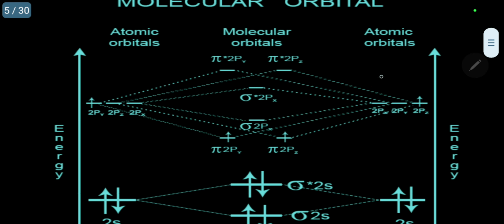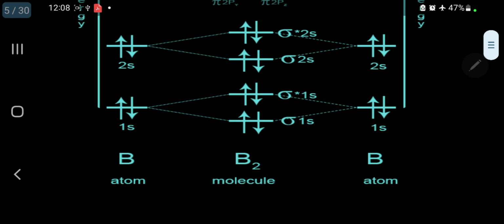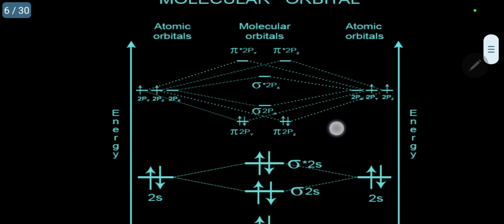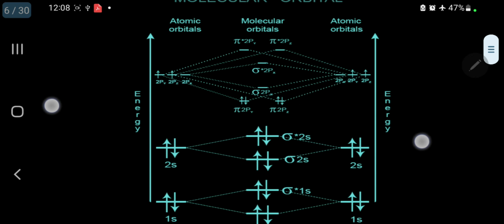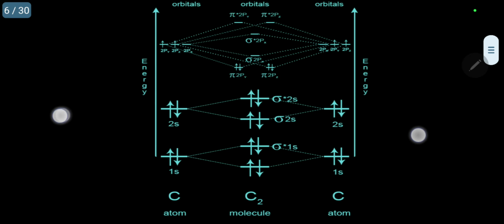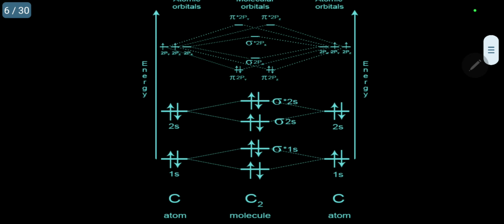Please follow. In the same way, now I will go for carbon also. Please follow the carbon also. Between carbon, C2 molecule, is it possible or not? It is possible because, as in the previous case, kindly follow me.